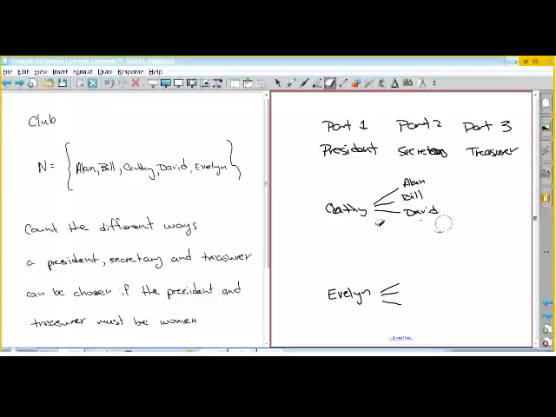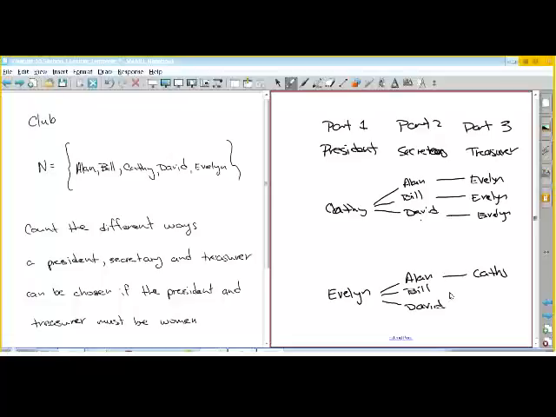So I'm going to erase Evelyn because that doesn't work. So once I've chosen Kathy and Alan, the only person left over here is Evelyn, and it's the same case for every situation. So this is much more doable.